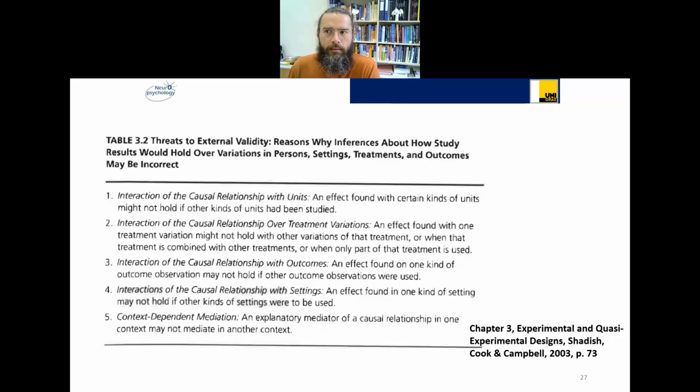These units can be, for example, the experimenter him or herself. If you are the only person running your experiments and you know your hypothesis and you explain the task to your participants, there is a confounding between your expectations and what you have in your experimental design. And we will never be able to separate both if you are the only experimenter in your design.